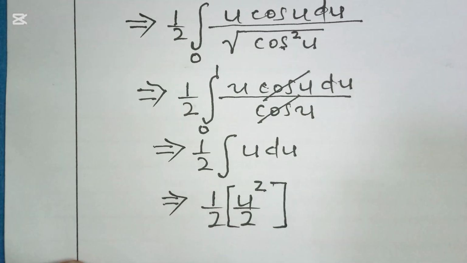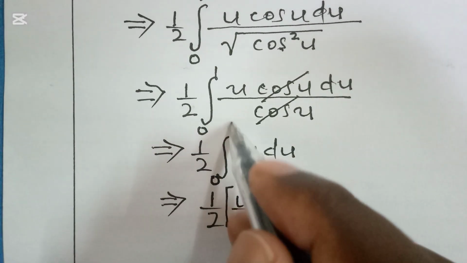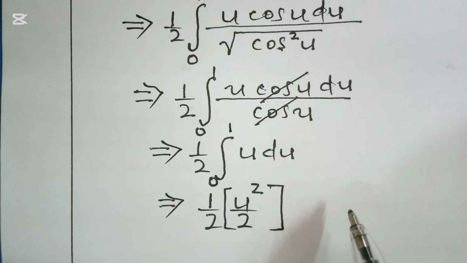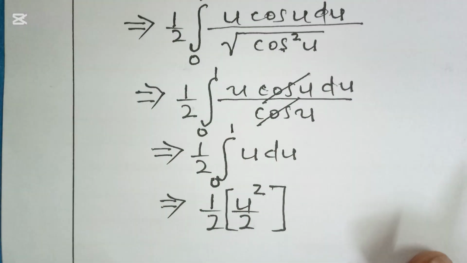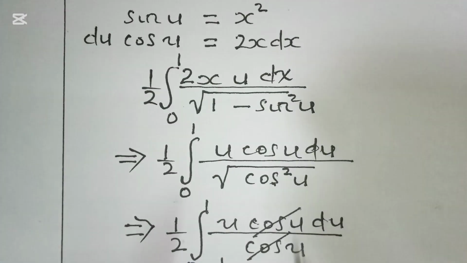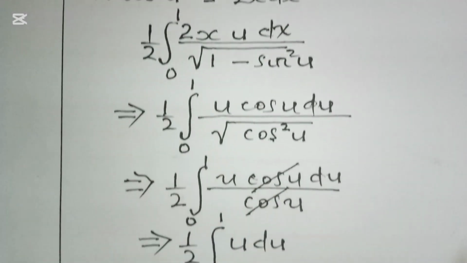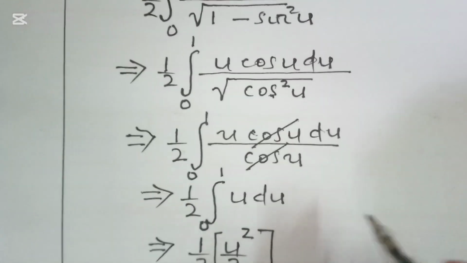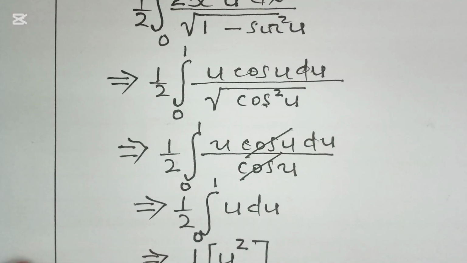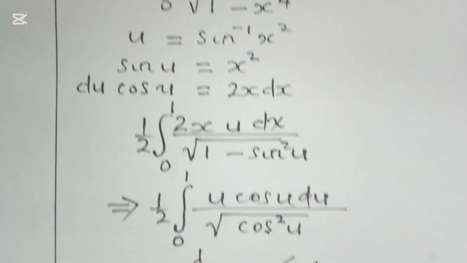Limits, guys, I'll now have to replace these limits because you have limits from 0 to 1. But remember, these limits are with reference to x. And so I go to where I have replaced for x, that is, sine u equals x squared, or I can still write u equals sine inverse x squared.